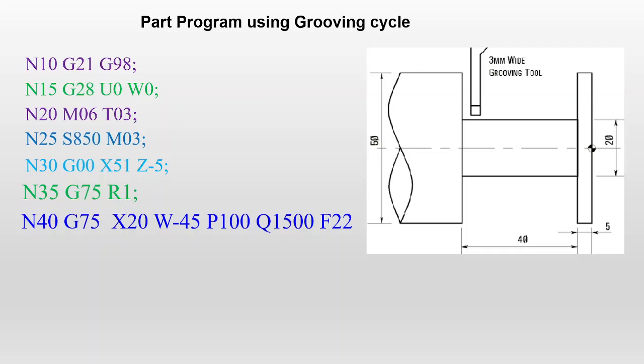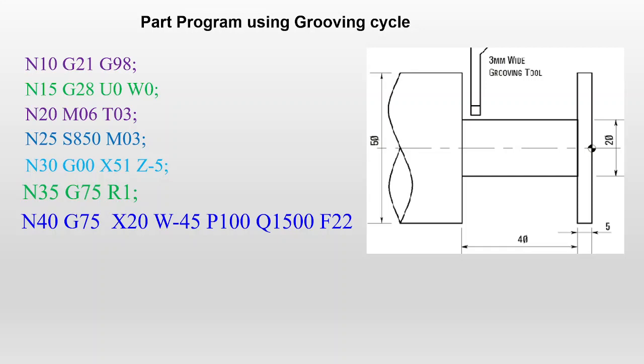So from the beginning it's 45, so I have taken minus 45, and P100, 100 is in microns. Okay, and Q is 1500, that is also microns. So by that value each time the tool will shift in the minus Z direction. And F is 22. Until the grooving is completed, these two blocks are sufficient to complete the entire grooving.